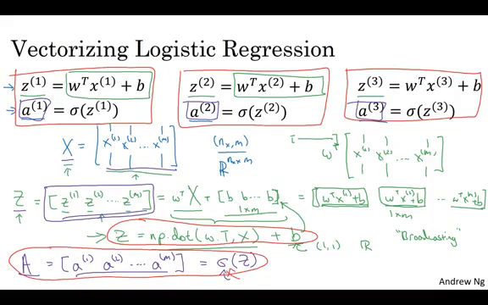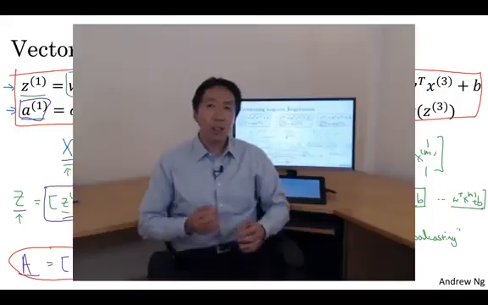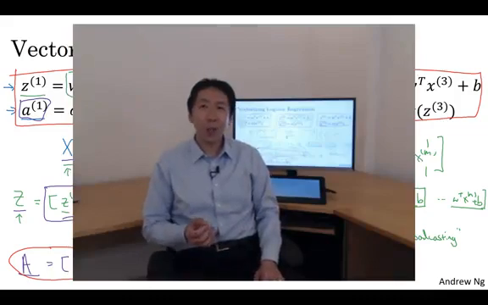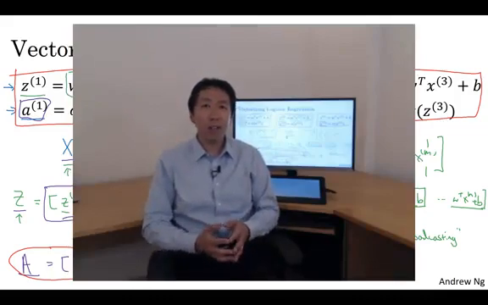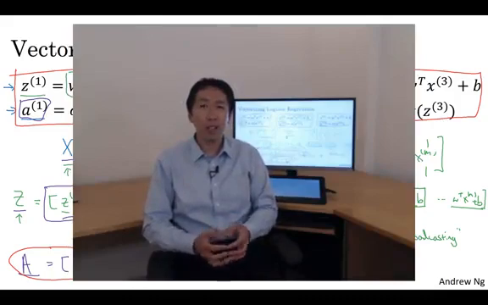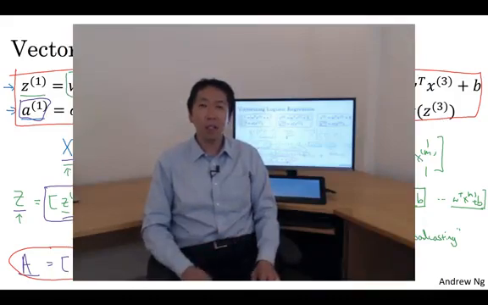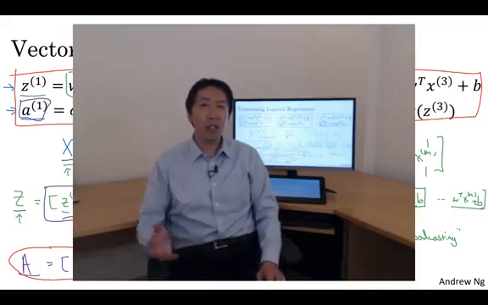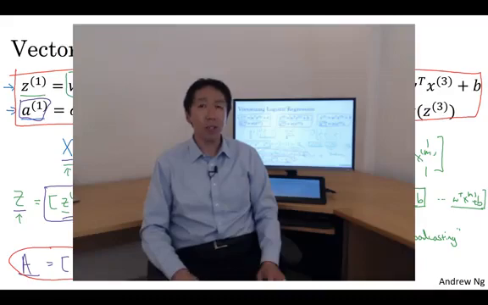So this is how you implement a vectorized implementation of the forward propagation for all m training examples at the same time. So to summarize, you've just seen how you can use vectorization to very efficiently compute all the activations, all the lowercase a's, at the same time. Next, it turns out you can also use vectorization to very efficiently compute the backward propagation, to compute the gradients. Let's see how you can do that in the next video.